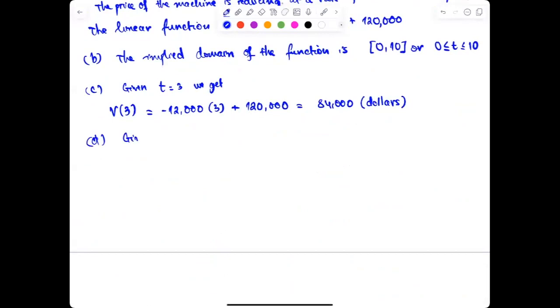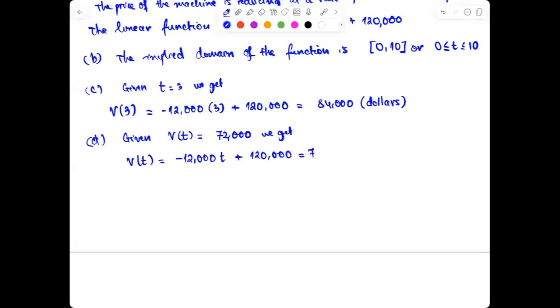So given V of t equal to 72,000, we get negative 12,000 t plus 120,000 equal to 72,000.